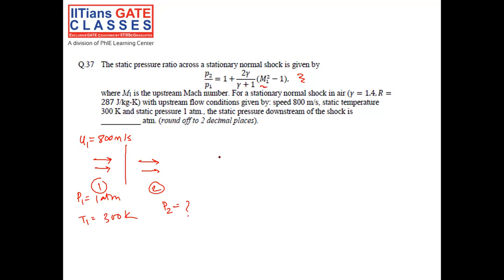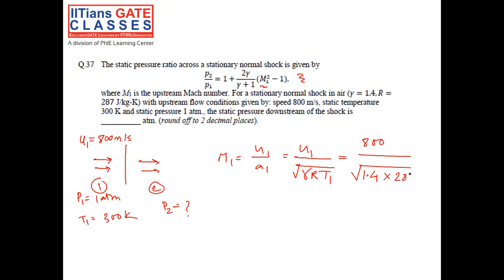M1 is nothing but U1 by a1, which is U1 by root over gamma R T1. Now substituting all these values, it is 800 divided by root over 1.4 multiplied by 287 multiplied by 300. So this will come around 2.304.